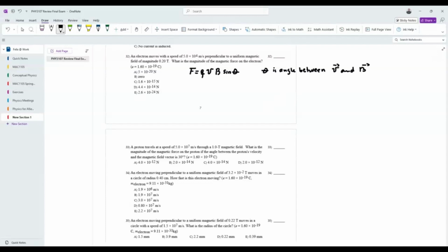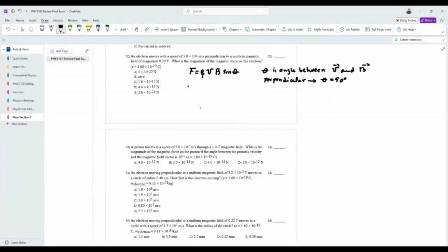Since they say that the electron moves with a speed that is perpendicular to the uniform magnetic field, when they say perpendicular, it's because theta is 90 degrees.